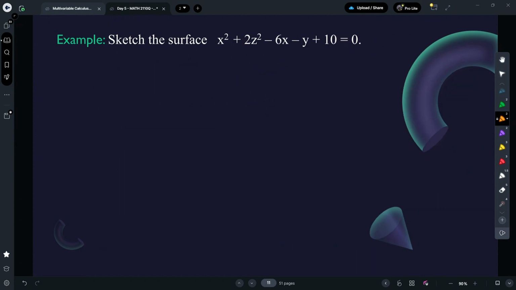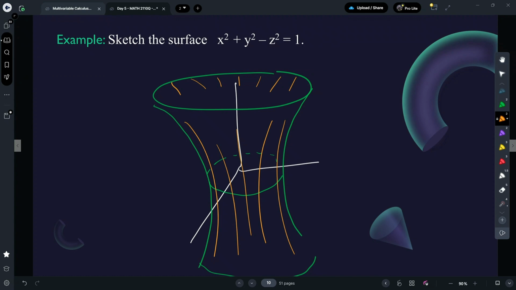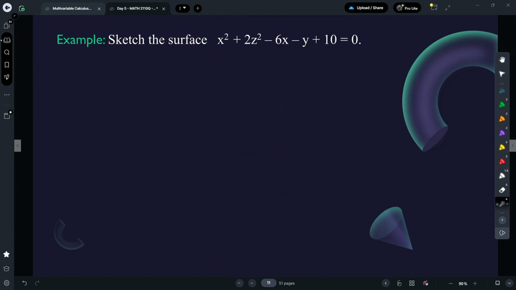The other thing I wanted to mention is that not every surface will come up in a pretty form like this quadric. Sometimes quadrics come in other shapes where it is not immediate to identify what quadric it is.